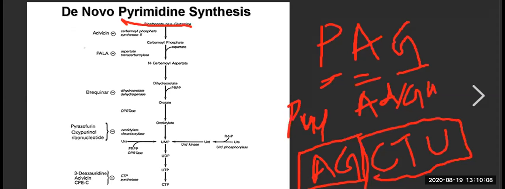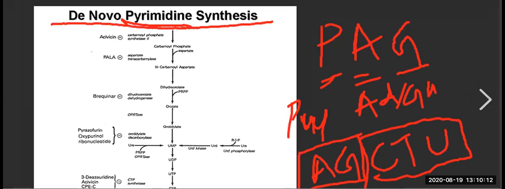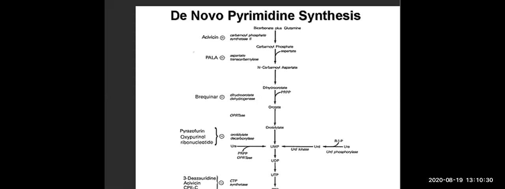So when we say we are dealing with de novo pyrimidine synthesis, we are saying we are synthesizing cytosine, thymine, and uracil. Even in this picture, if I clear this all and zoom in, see this cycle.